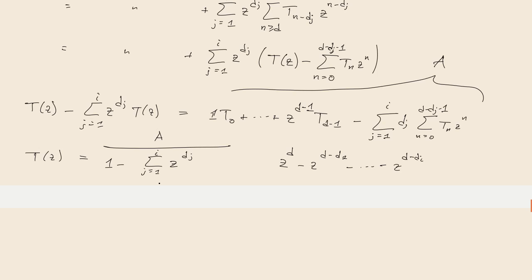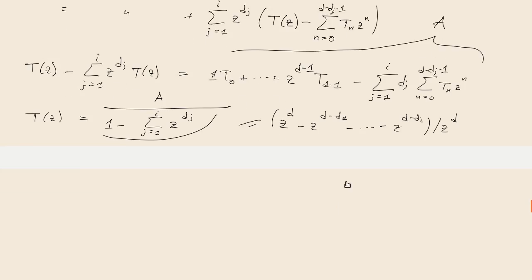And that's exactly this here if you divide by z to the d. So this denominator is this. So you see that we're approaching something that we know.